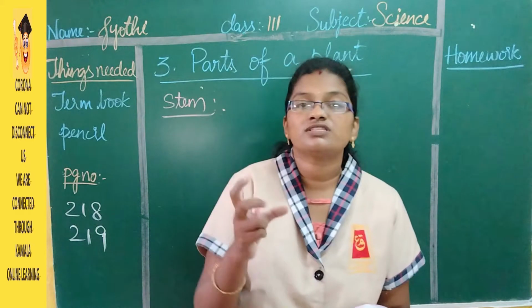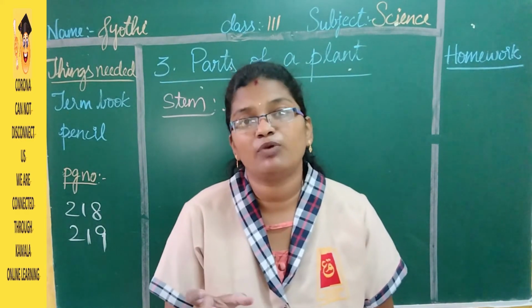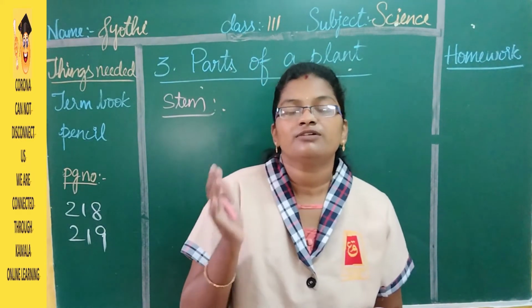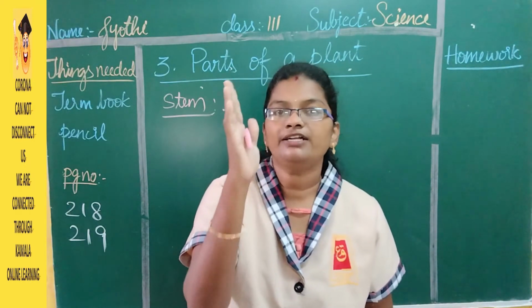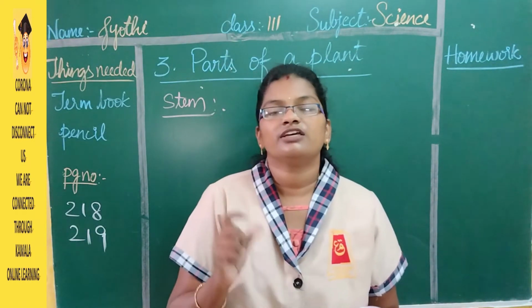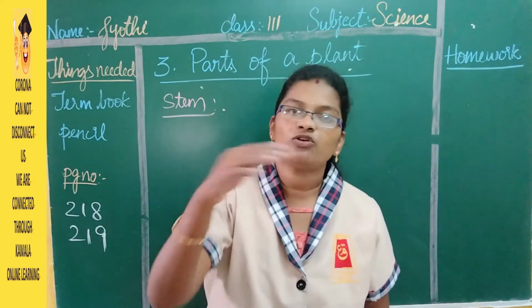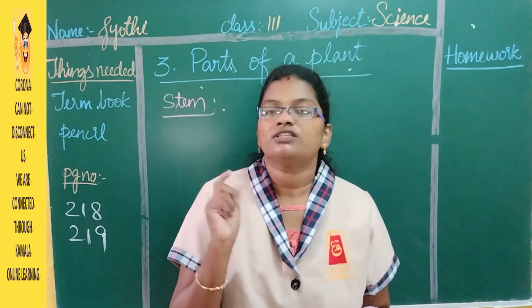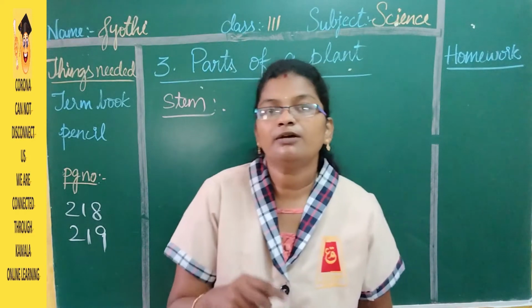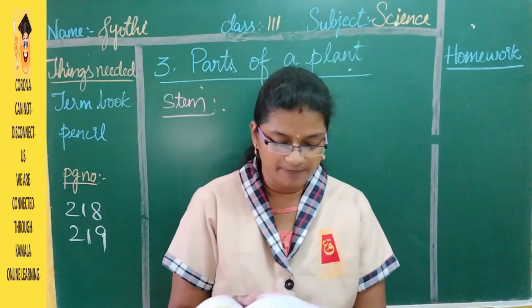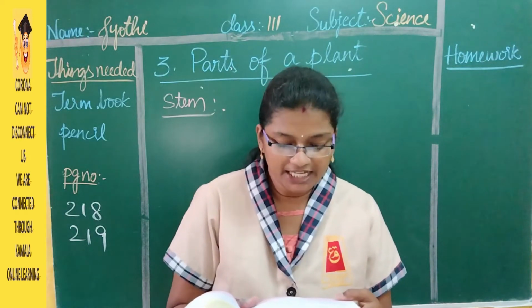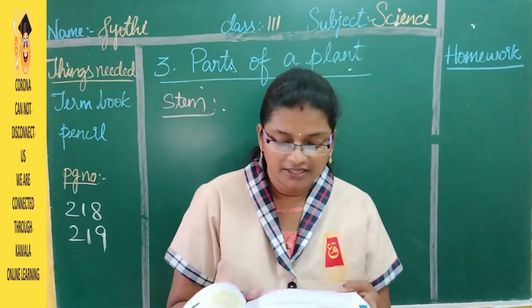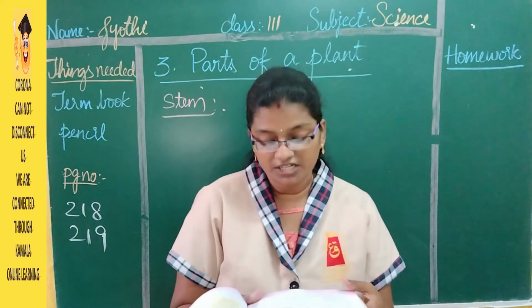So for the shoot system, the stem is the main important one as I told you. Because of the stem, it's going to fix the plant upright, straight like this. If the stem is weak, they are going to bend. And here are the uses of the stem. It helps the plant to stand in an upright position.